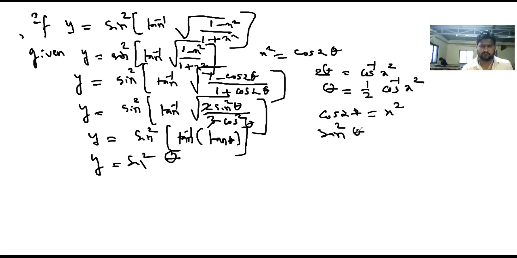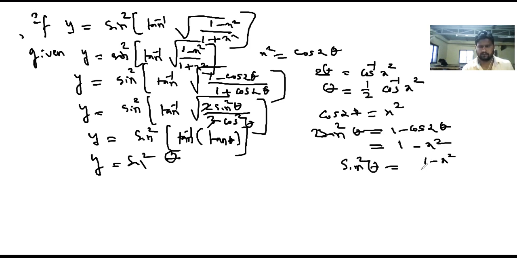You know that 2 sin square theta is equal to 1 minus cos 2 theta, that is 1 minus x square. So sin square theta is equal to 1 minus x square divided by 2. It is the simplest one.